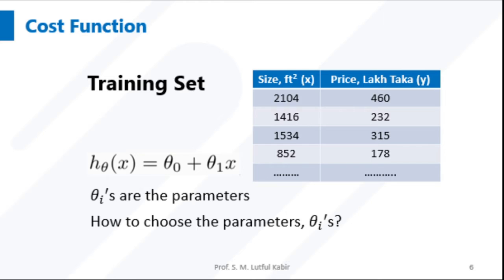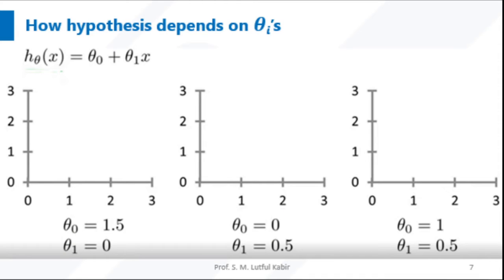With different choices of parameters theta 0 and theta 1, we get different hypotheses. Just as a review, here are a few examples. If theta 0 equals 1.5 and theta 1 equals 0, then the hypothesis function will look like this, because h of x equals 1.5 plus 0 times x, which is this constant value function.